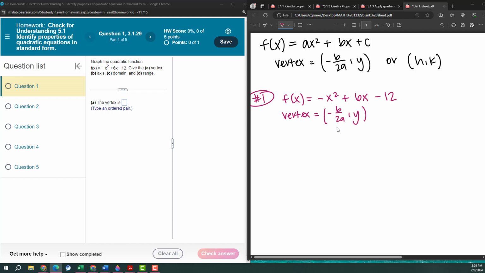So for our x, we're going to have negative b over 2a equals, we need to figure out where b is and where a is in our equation. So b is going to be this second piece where we have 6x. So I've got negative 6 over, and then 2 times a. In this case, a is going to be negative 1.